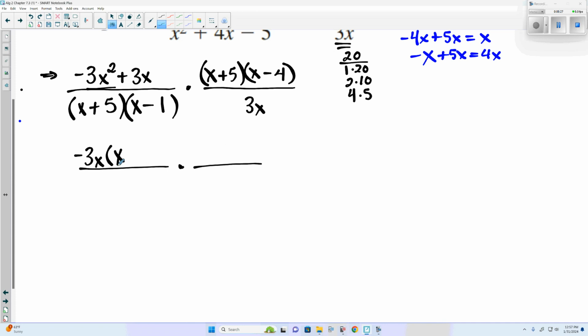The x squared becomes x, positive x. Our 3x would factor out completely, giving us 1. But since we factor the negative out, it's going to change it from positive 1 to negative 1. And we have this here. Questions on this here before we multiply?